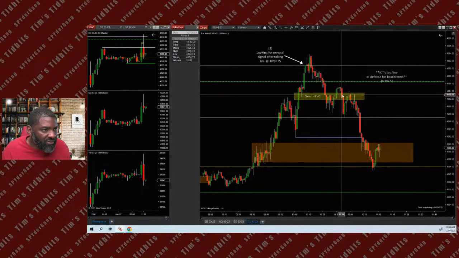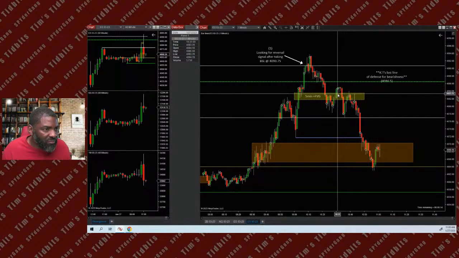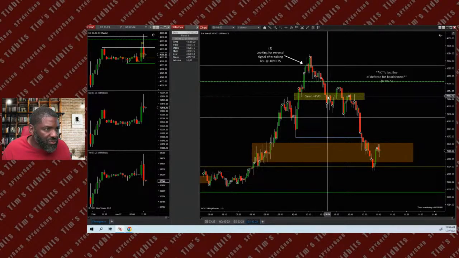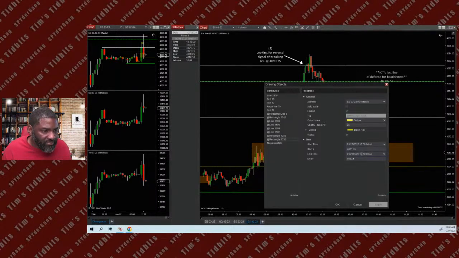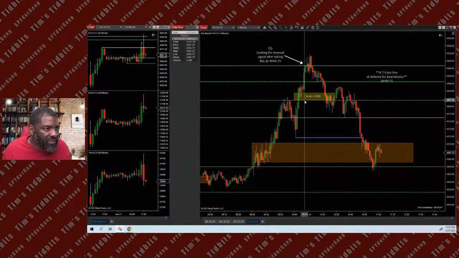We were focusing on the fair value gaps, so I'm gonna move this fair value gap over to 1029. I'll put it at 1020. I'm just making room, so I don't want everything to be cluttered up.